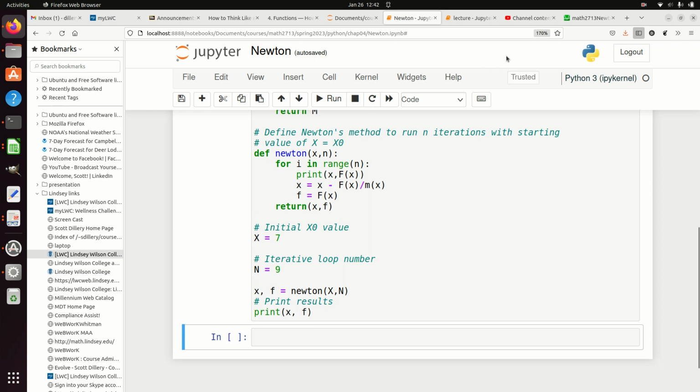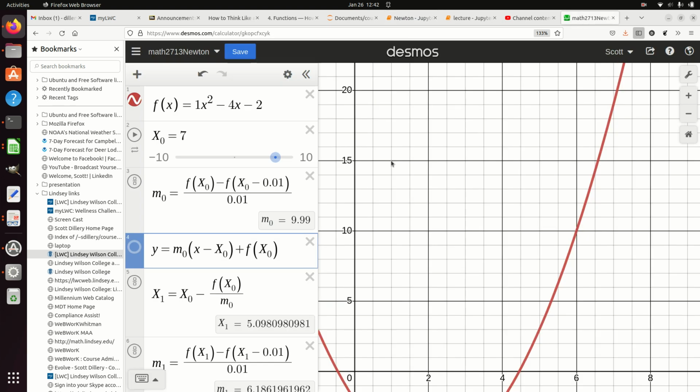Now, before I print it out, let's go here and see what's going on. So here I have that function, x squared minus 4x minus 2, starting point at 7. And so here you see I find that slope, and the slope is 10 at around x0 equals 7.